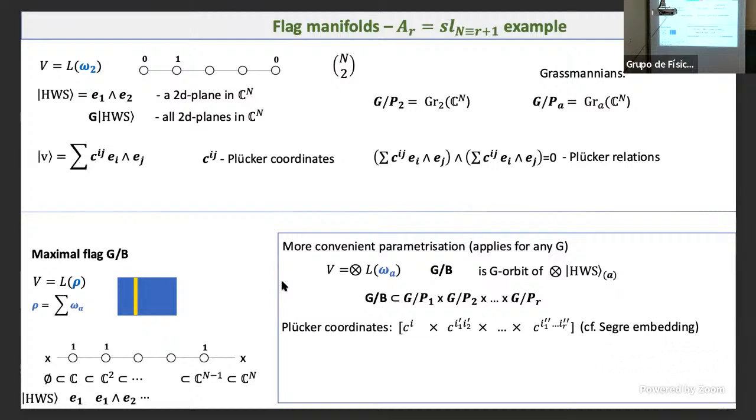An arbitrary vector will be a sum over 2-forms in the standard basis of exterior products of the standard basis vectors. So the important message here is that this is actually a plane spanned by 2 lines. You should probably know very well that not an arbitrary 2-form represents a plane.